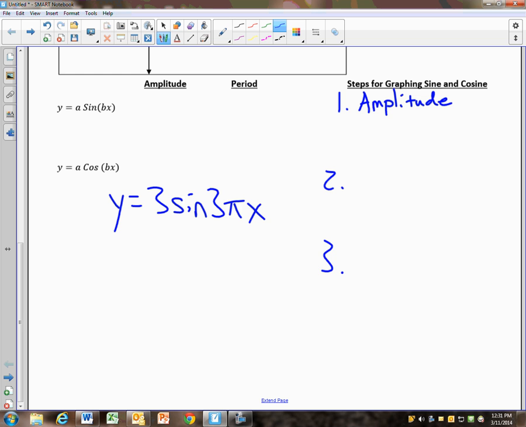And once you got the amplitude, you marked the max and the min, right?